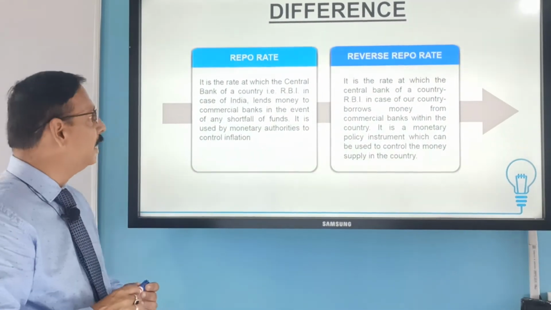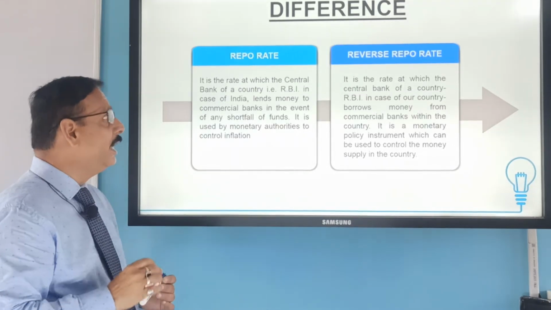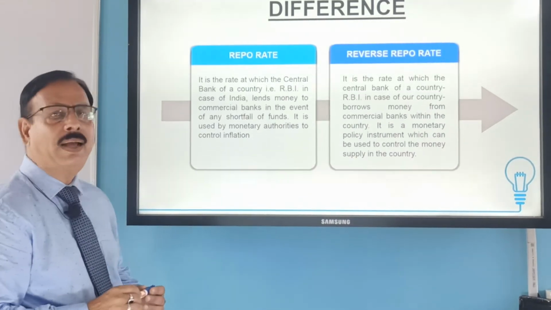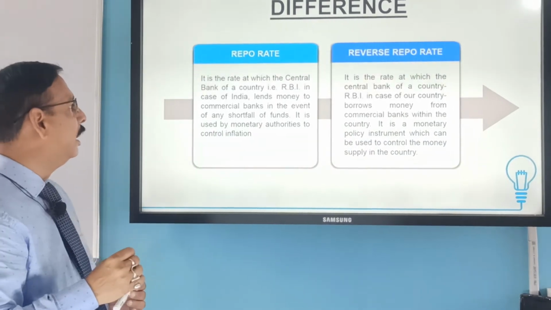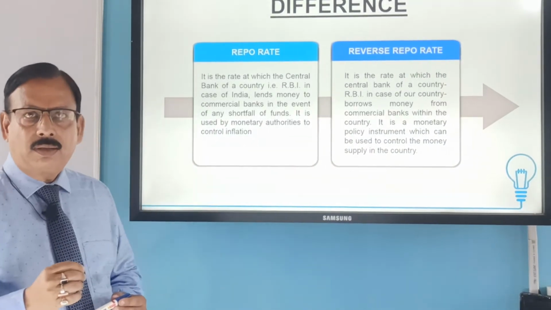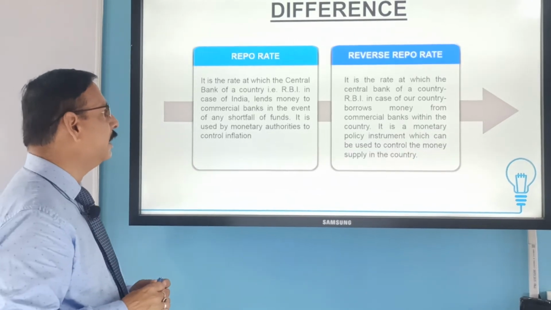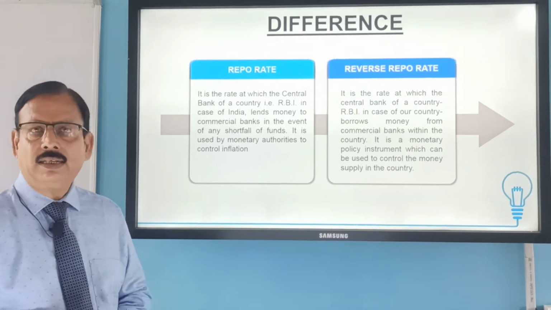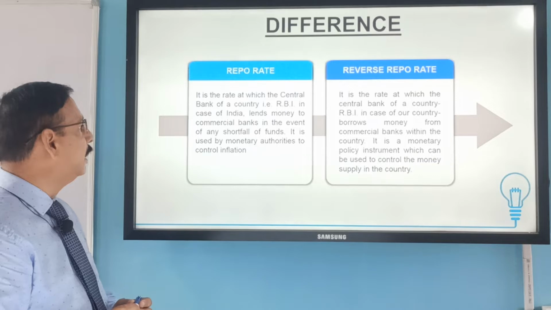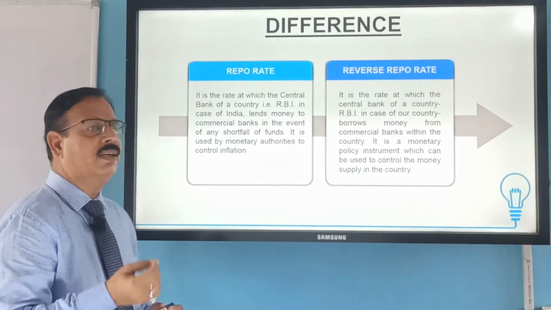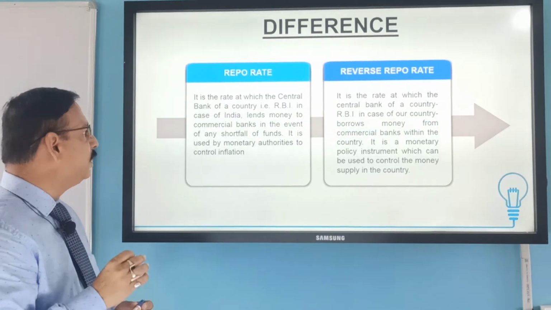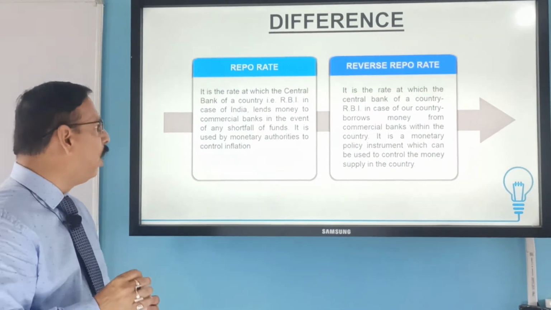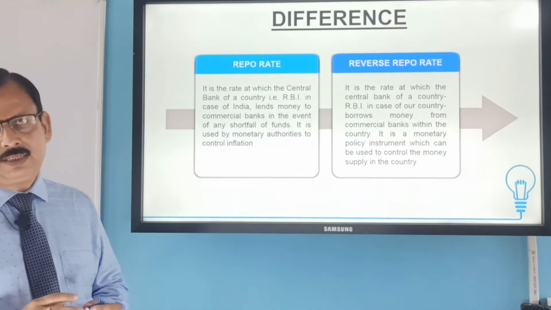Repo rate is the rate at which the central bank of a country, in our country RBI is the central bank, that is Reserve Bank of India, lends money to commercial bank in the event of any shortfall of funds.